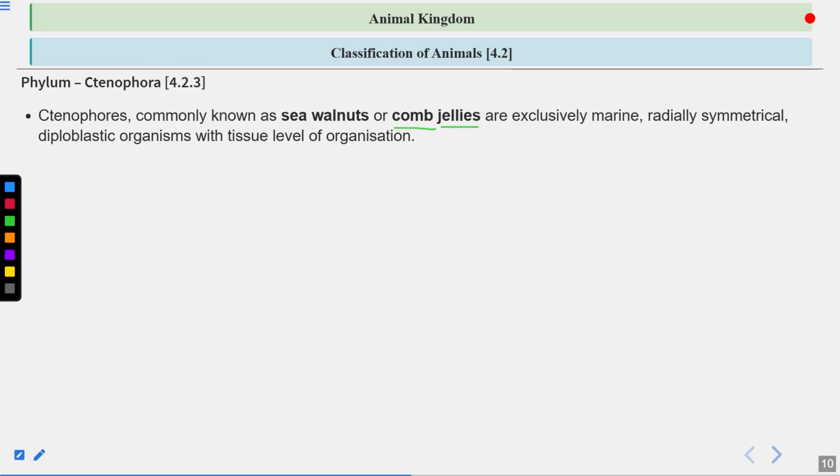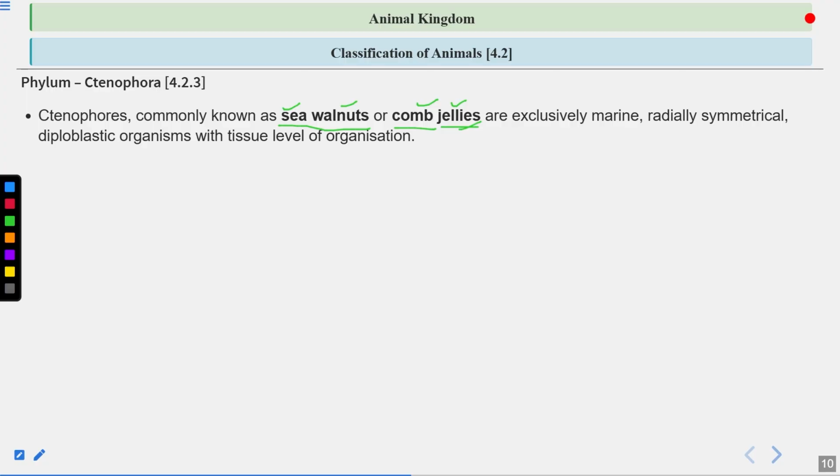Because they have comb-like structures, the cilia, that help in locomotion, and their body is like jelly, so that is why they are called comb jelly. You all know what a walnut is. That is a dry fruit, right? The structure of this organism, ctenophores, is somewhat like a walnut, and they are found in the sea. So that is why they are called sea walnut.